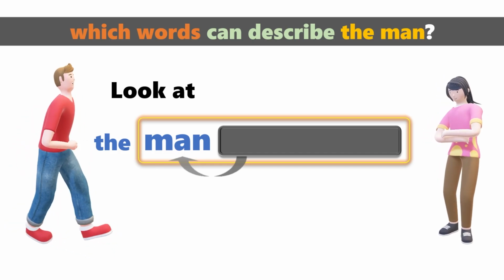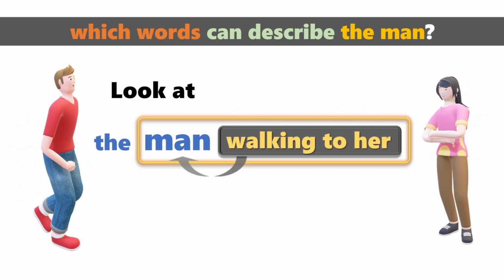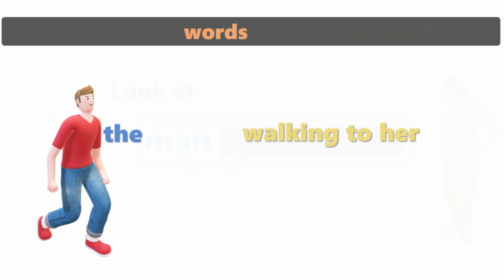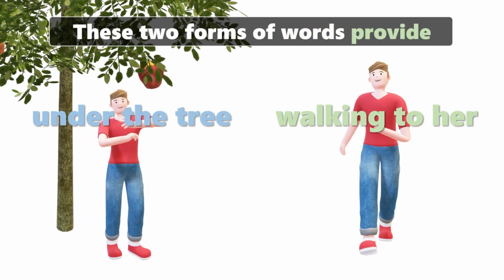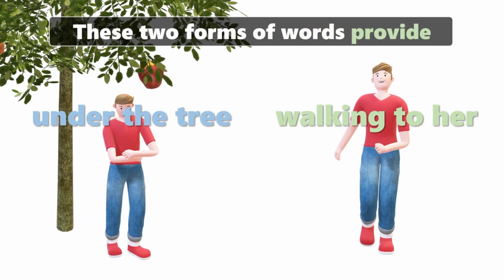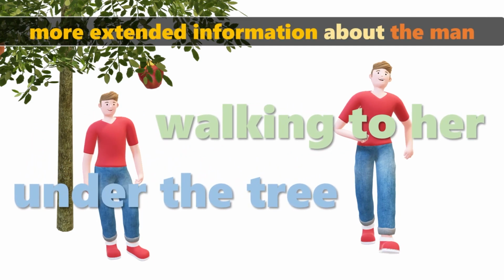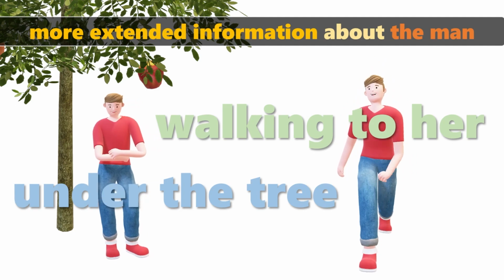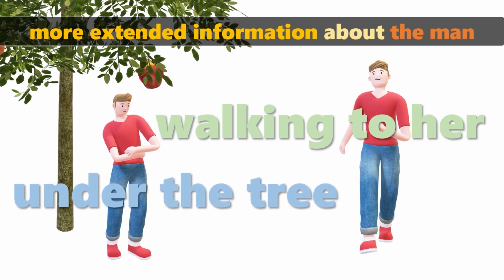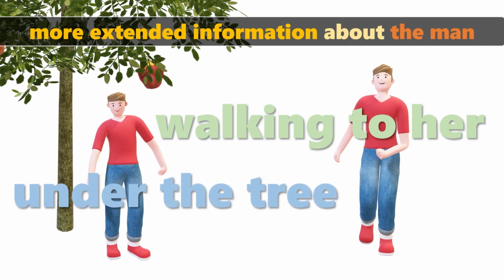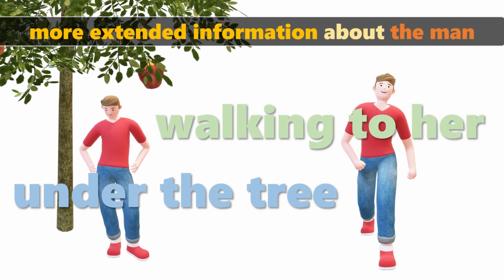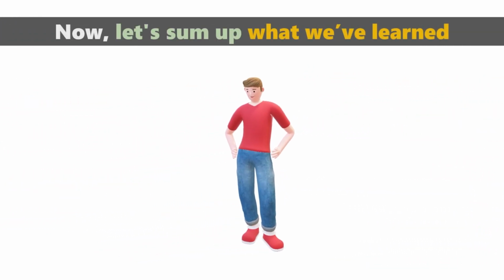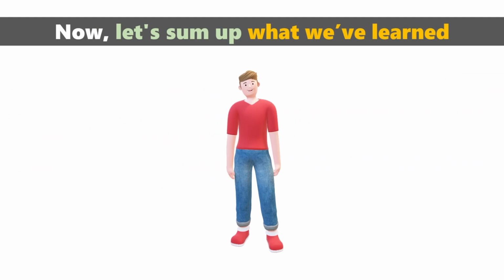Yes, you can say, look at the man walking to her. These two forms of words provide more extended information about the man, like the man under the tree, or the man walking to her. Now, let's sum up what we've learned.